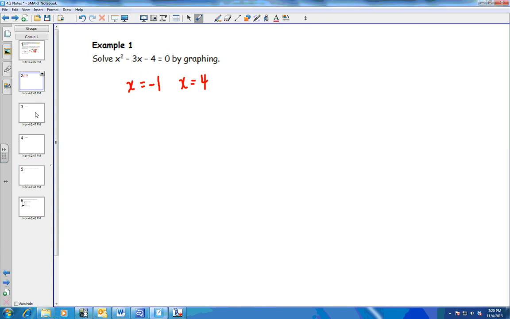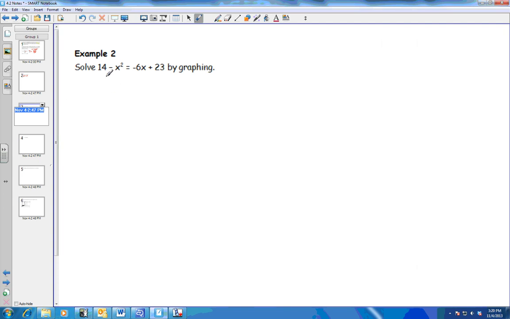Okay, let's do another one. Example 2. I'm going to solve 14 minus x squared equals negative 6x plus 23 by graphing. The first thing we have to do is set this equal to 0. So let's move these two things over to the right-hand side. I have 0 equals negative 14 plus x squared minus 6x plus 23.